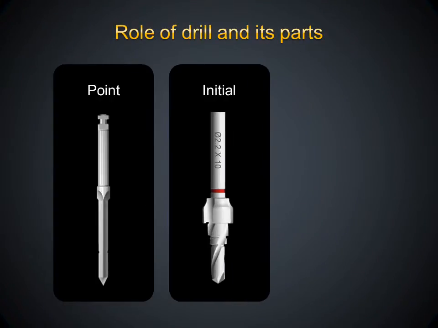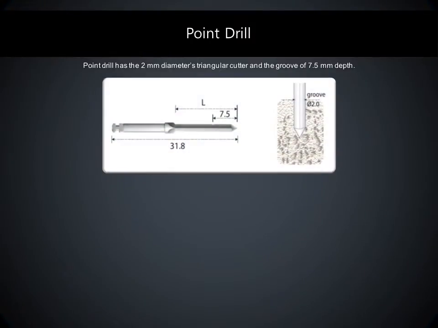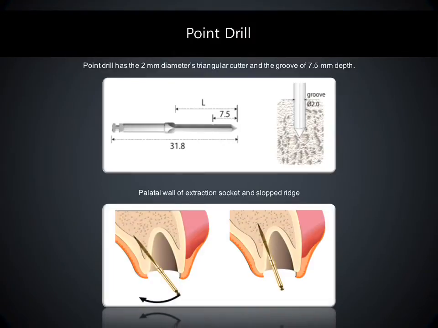The role of the drill and its parts will be described for the point drill, initial drill, and final drill. The point drill has a 2 mm diameter triangular cutter and an index line of 7.5 mm step. To avoid slipping of the drill tip, the point drill is started in a perpendicular orientation on the sloped surface and rearranged to the path of the fixture in drilling mode.